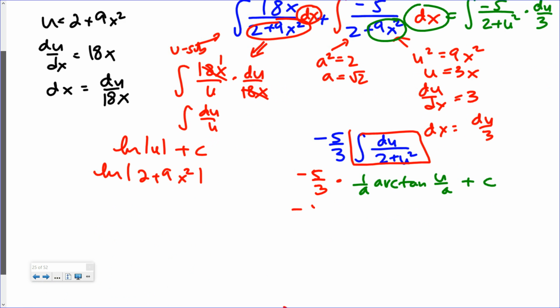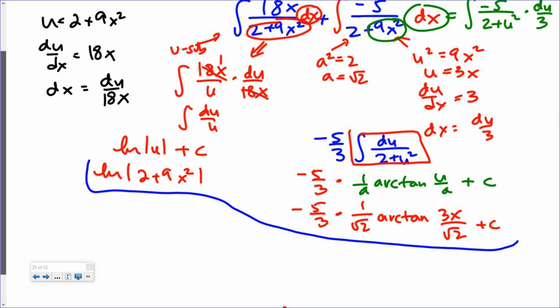So in this problem, this was negative 5/3 times, what was my a in this problem? Square root of 2, arctangent. What was my u in this problem? 3x. My a is square root of 2 plus c. And so what I do is I combine this answer with this answer.